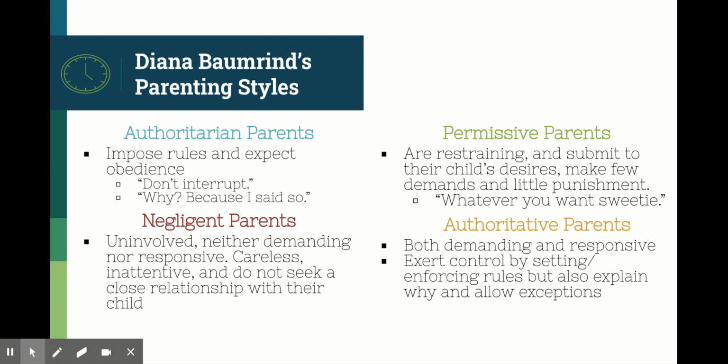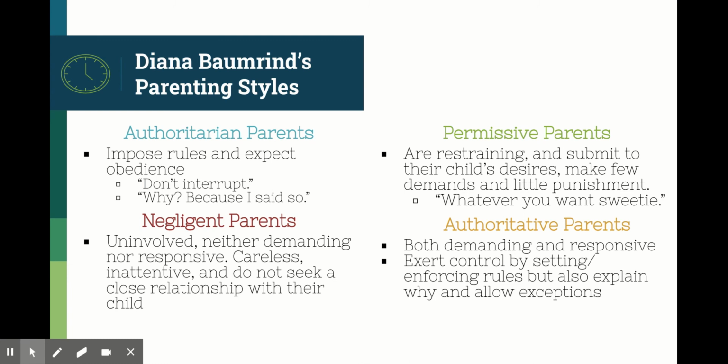And then finally, you have authoritative parents. Be careful here, because authoritative is very close to authoritarian and they are very different. You want to figure out a way to distinguish these two. Authoritative parents are both demanding yet responsive. They might make rules, but they're going to explain to you why.